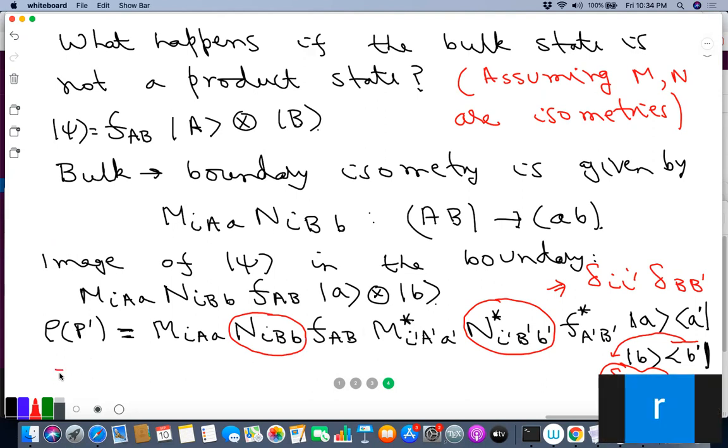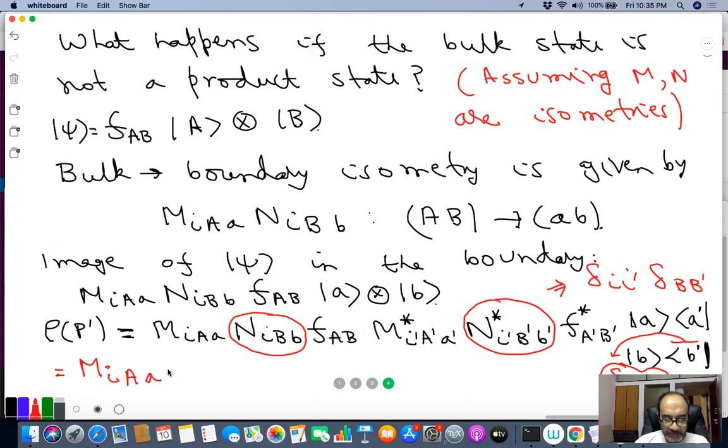So this is then given by M I A, M star I A prime, because I prime became equal to I, and then F A B, F star B prime became B, so F star A prime B, and then A prime.